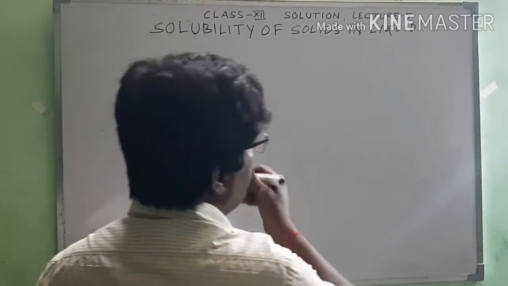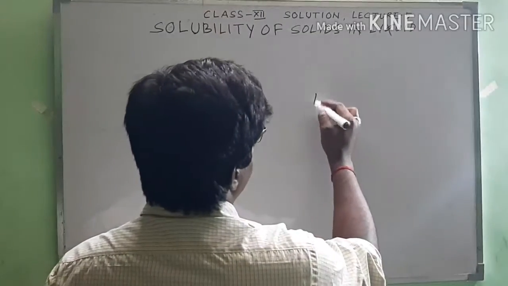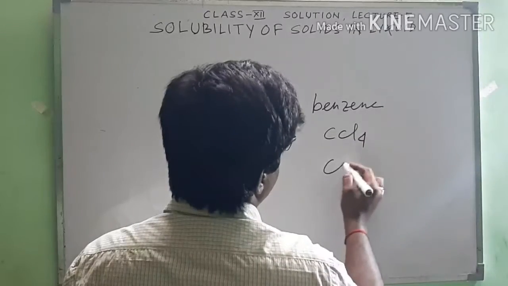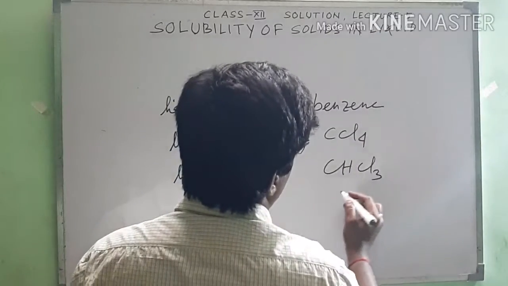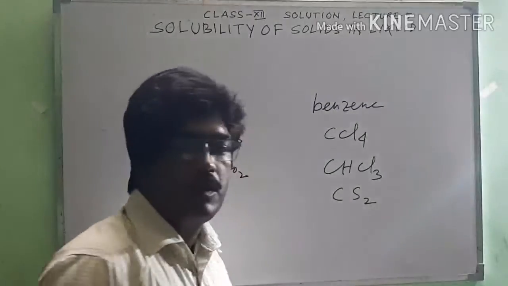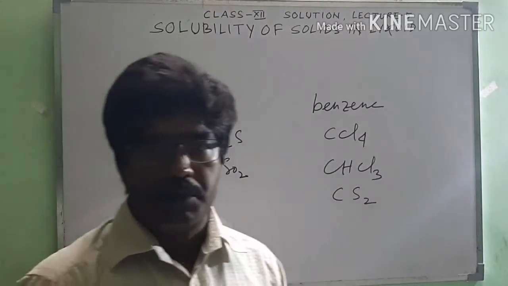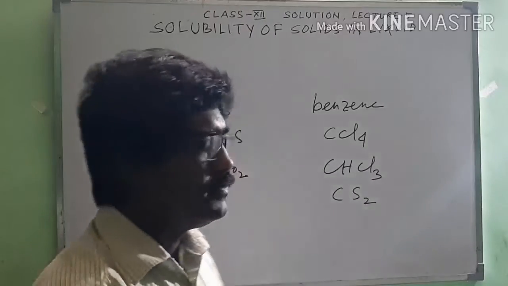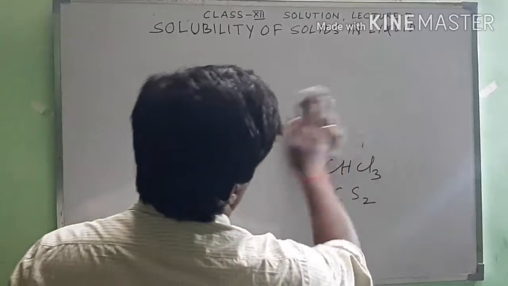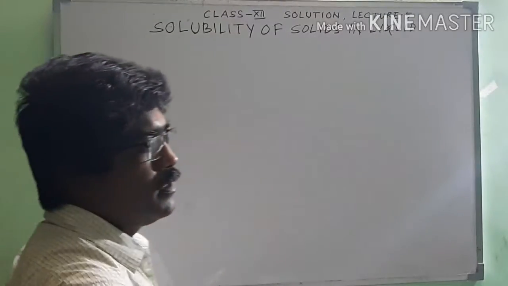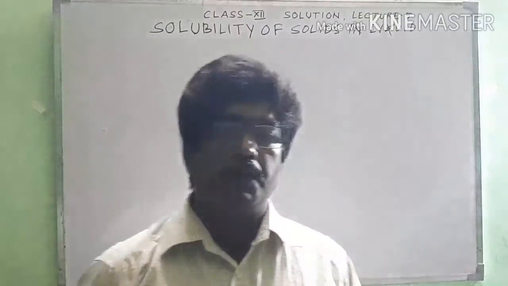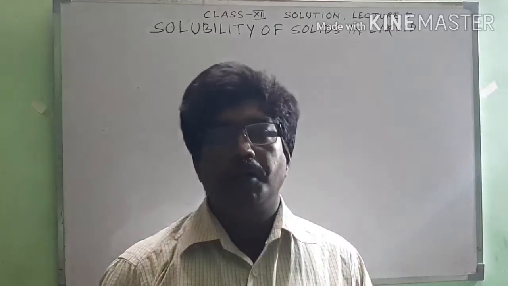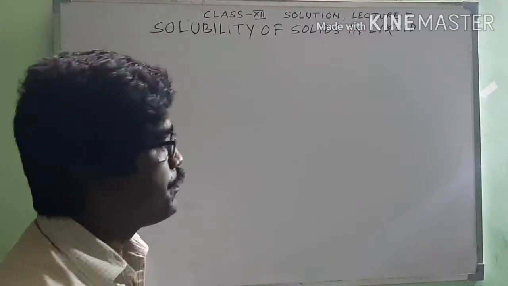There are some other solvents like benzene, carbon tetrachloride, chloroform, carbon disulfide. All are non-polar solvents. They dissolve non-ionic compounds. So, solubility of solids in liquid depends on the nature of solvent and nature of solute.